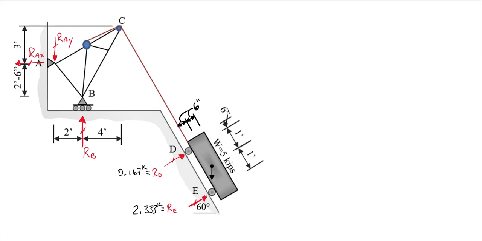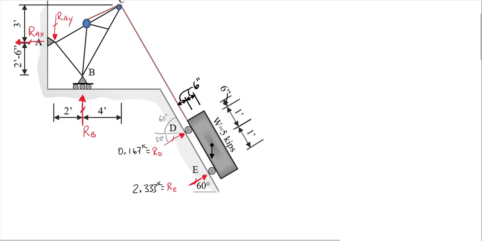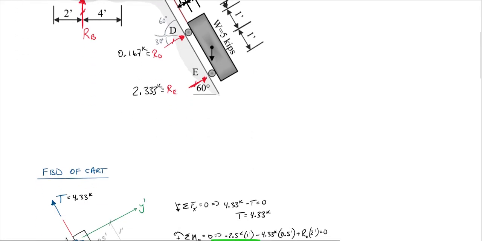I am going to have the x component of RD and the x component of R sub E. Okay, and just maybe to help us out with this, because these angles can be tricky sometimes, if this is 60 degrees, that makes this 30 degrees. So our x components are going to be times the cosine of 30 for both of these vectors, R sub D and R sub E.